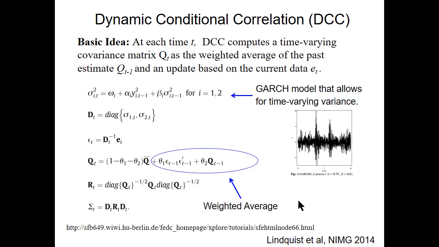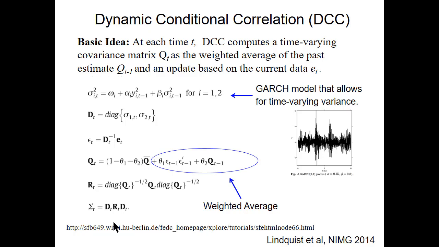And so that's important if you're going to capture what's going on in the data. If you just assume that this had the same variance across time, you'd be making the incorrect assumption and not be able to predict what's going on. Then the next thing they do is they assume that there is also an update rule for the covariance matrix. And so what they're doing is they're predicting the covariance matrix with time.